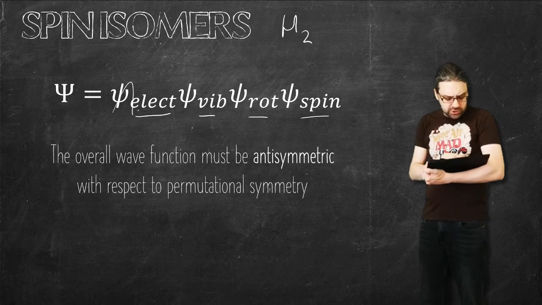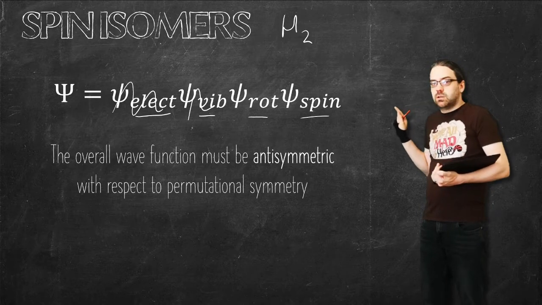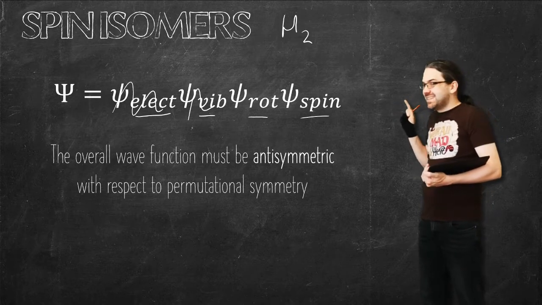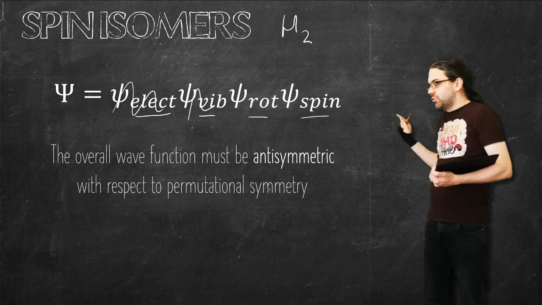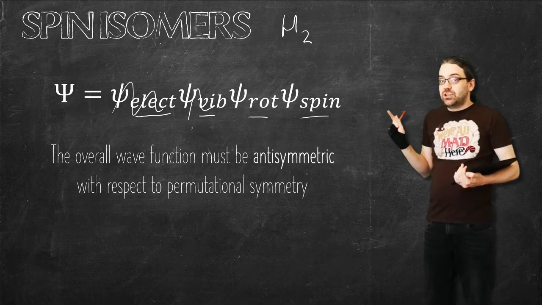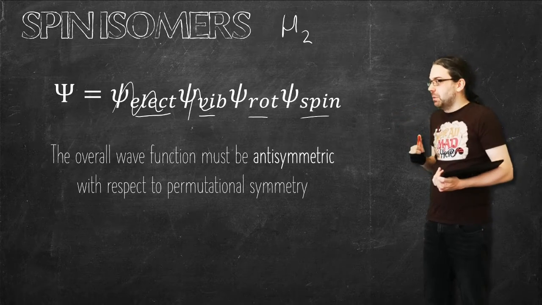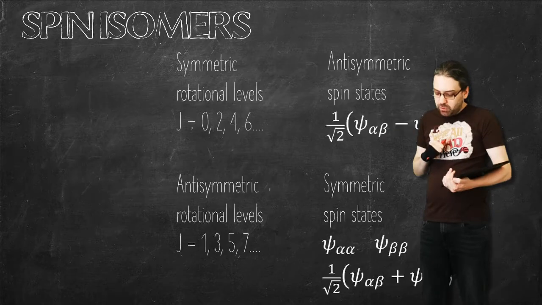We can't really do much about the electronic or the vibrational functions right now, but the rotational and the spin ones are interesting because that spin state can be symmetric or anti-symmetric, and so can the rotational state. And if we change one, the other's got to change as well. So let's show you what that means.